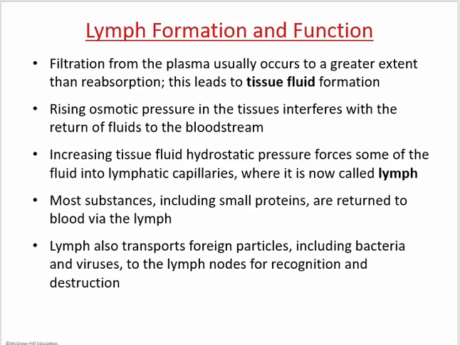And this gives the body a chance to deal with that debris, to deal with any pathogens that are there, or any cells that are malfunctioning that get pulled up, or any excess proteins and things like that. And so the lymph is cleaned of these things on its pathway back towards the circulatory system.